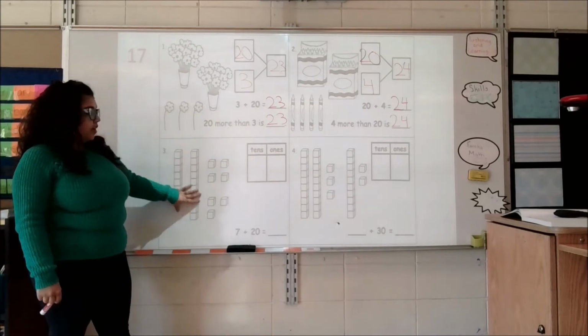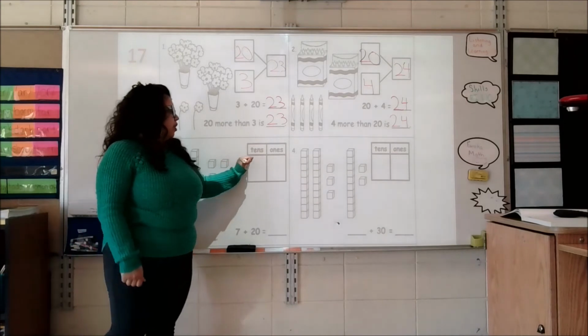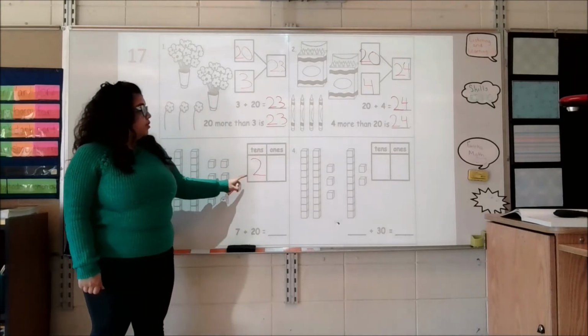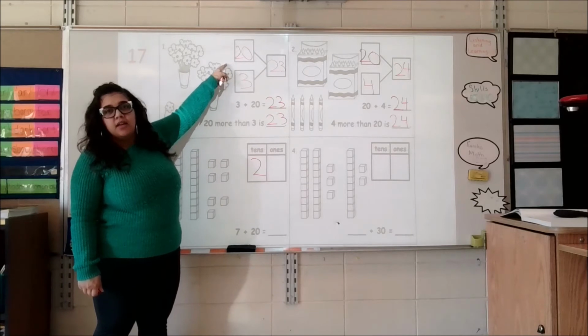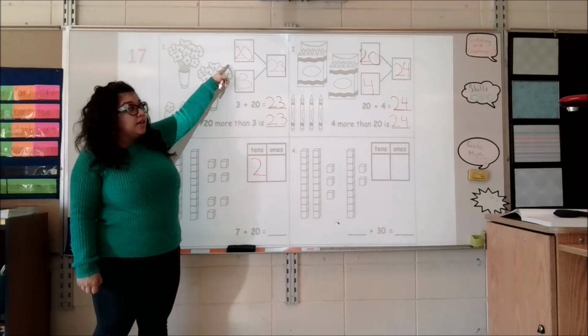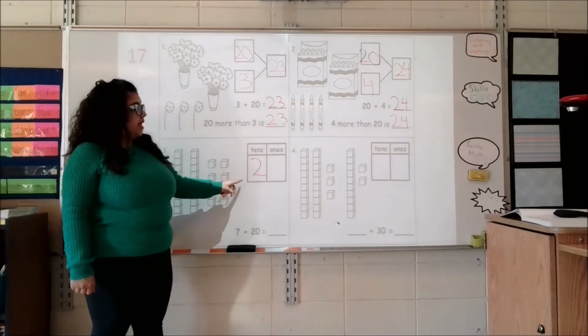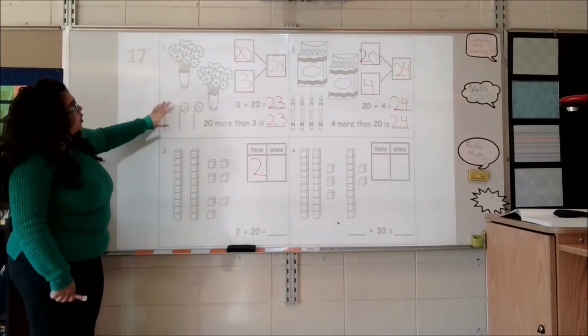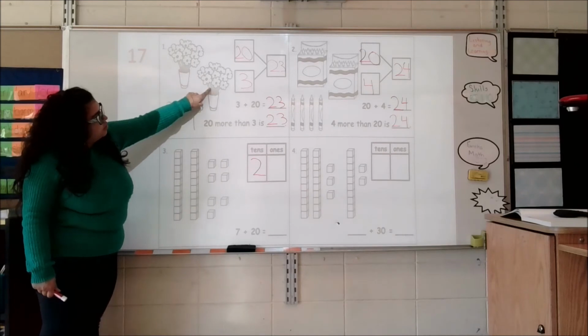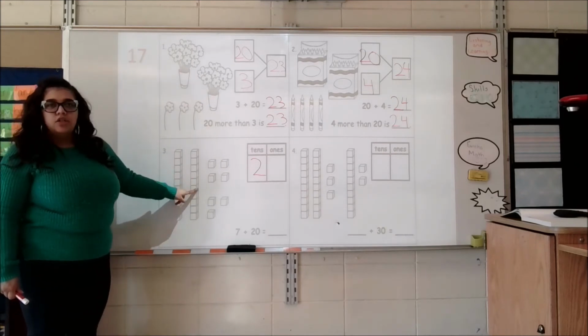I already told you the first part is that it's 2 tens. There are 2 groups of 10s. Do you see how this is different than that? Good. Do you also see how this is the same as that? Look at the picture. 1 10, 2 10.